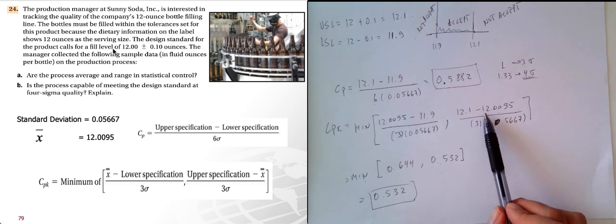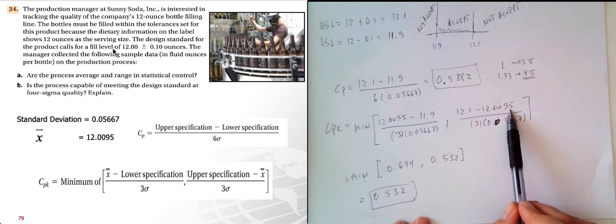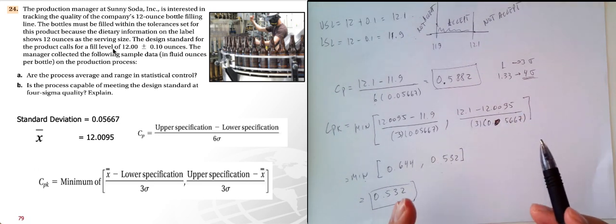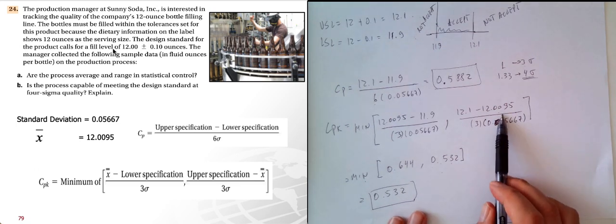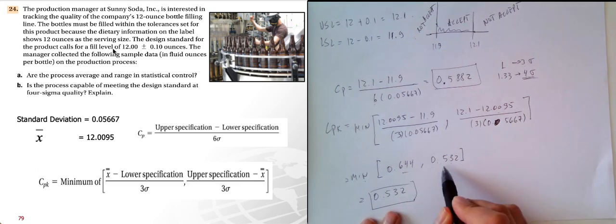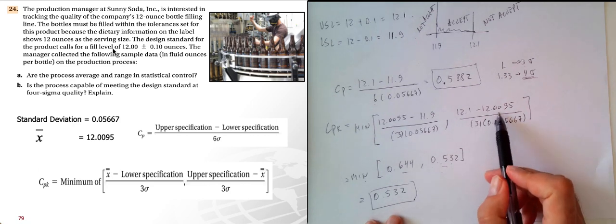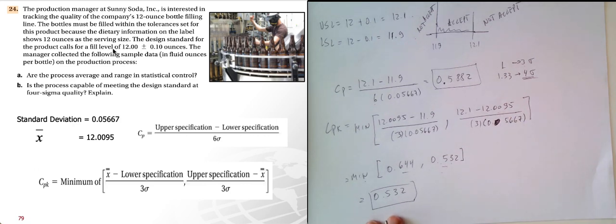And you can see that because to be mean centered, the X double bar had to be 12. And it's not 12, it's 12.0095. So the mean is more towards the right than it's supposed to be. That's why this distance is higher than this distance here. So the location is higher than it's supposed to be.